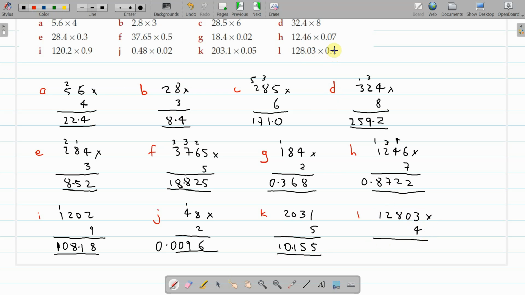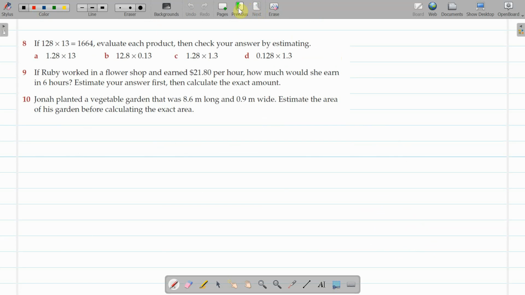In the answer we'll get 1 decimal place plus another 2 is 3 decimal places. 4 times 3, 12. 4 eighths, 4 times nothing is nothing. 4 eighths, 32. 4 twos are 8, 3 is 11, 4 ones are 4, and 1 is 5. 3 decimal places. There we go. Good. Pausing. When we come back, we'll do these last 3 questions.